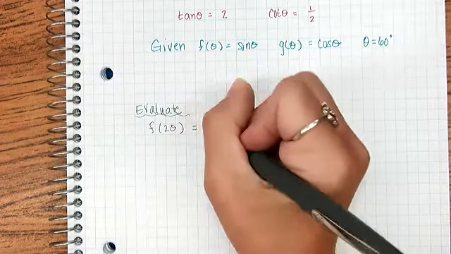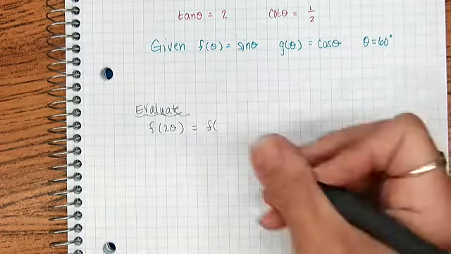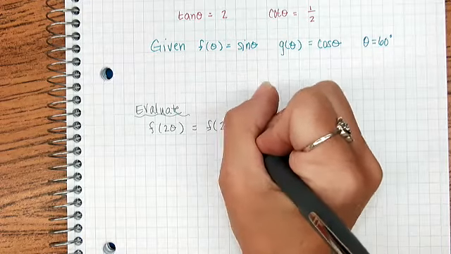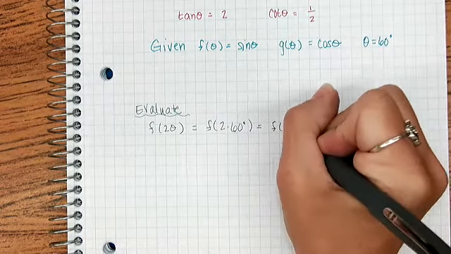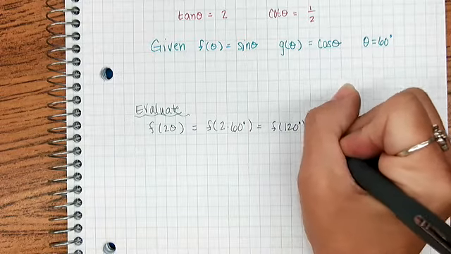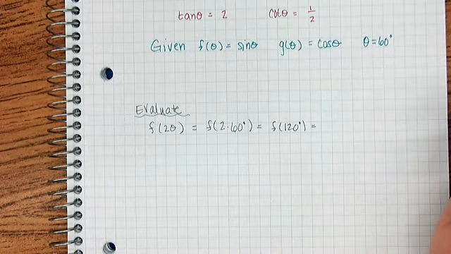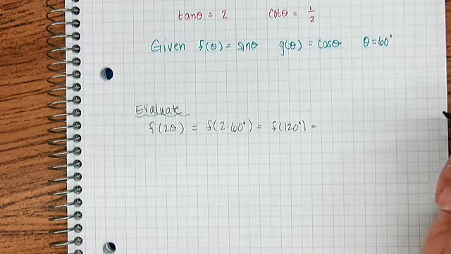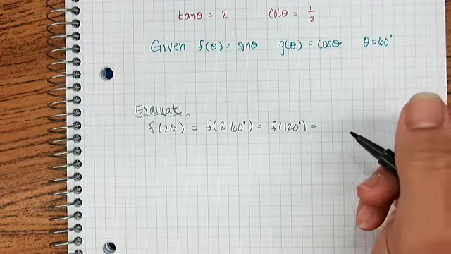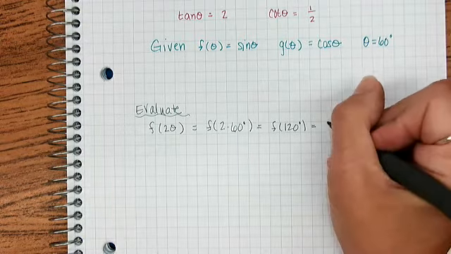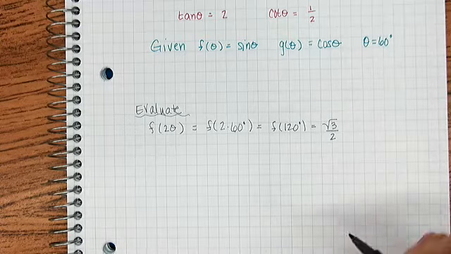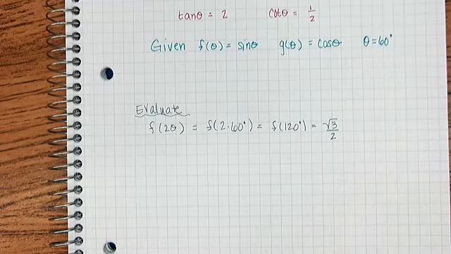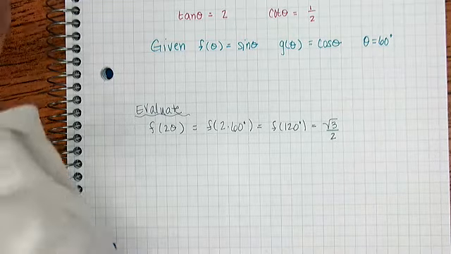This says take theta, which I gave you was 60 degrees, multiply it by 2, so this becomes the f of 120 degrees. 120 is in quadrant 2. √3/2. I think that's correct. I'm trying to do it off the top of my head. I'm sure that I will get emails if it's not right. Be nice.